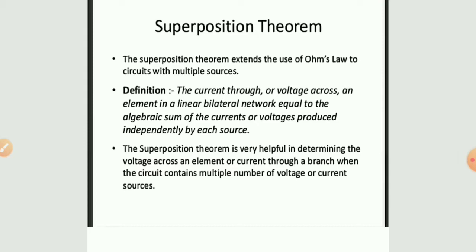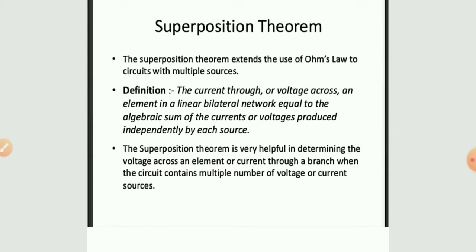Whenever you have a problem in superposition theorem, you have to list out how many sources are there. It may be a voltage source or a current source.